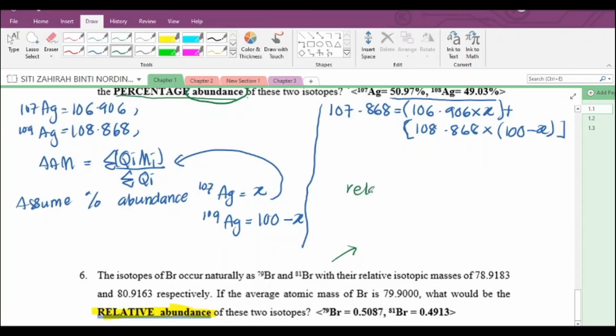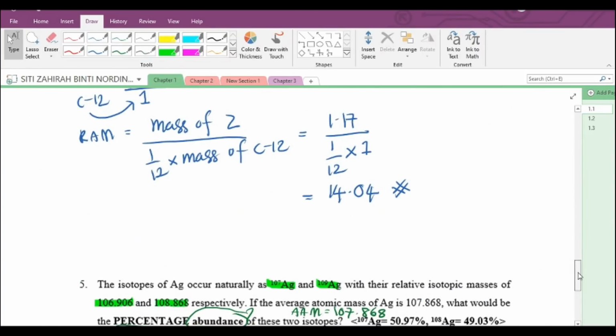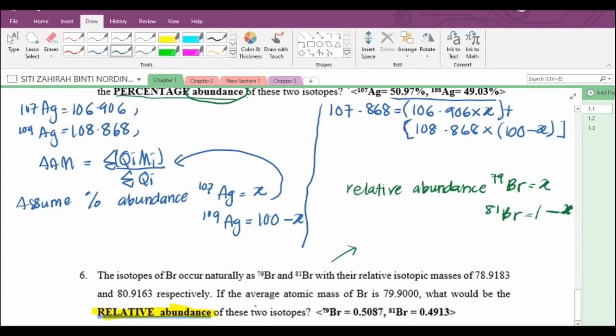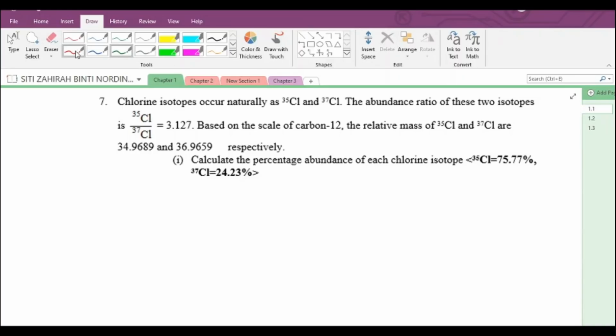So the relative abundance for 79Br would be X. For 81Br, the relative abundance would be 1 minus X. Okay, so just substitute the information into the formula and you should be able to find the relative abundance in this number.